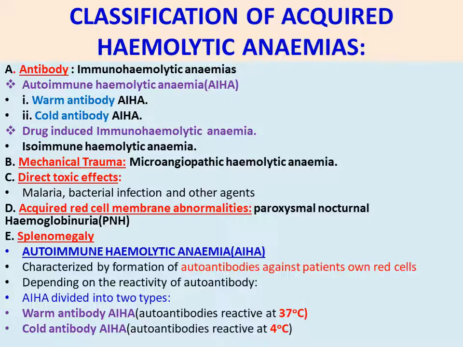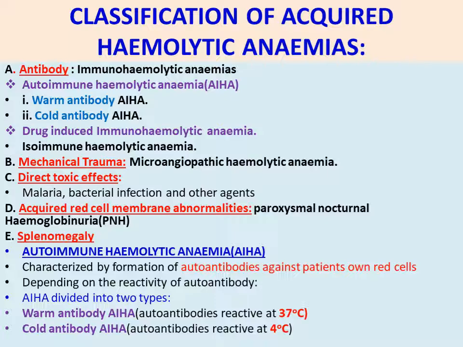In immunohemolytic anemias, there is autoimmunohemolytic anemia, that means autoimmune antibodies will be there, AIHA. Again this has two groups: warm antibody AIHA and cold antibody AIHA.